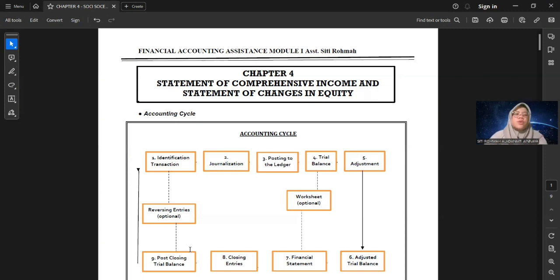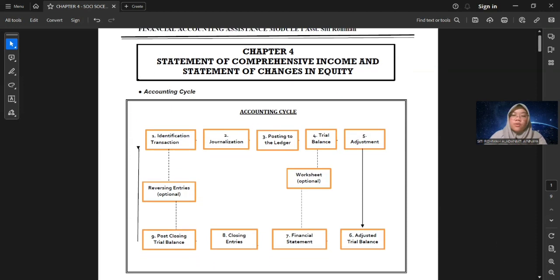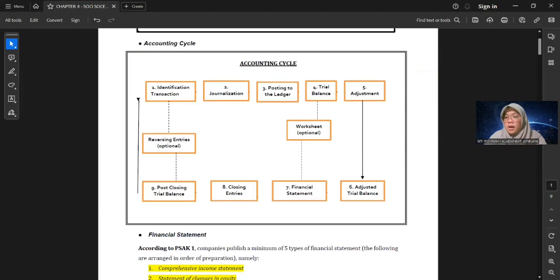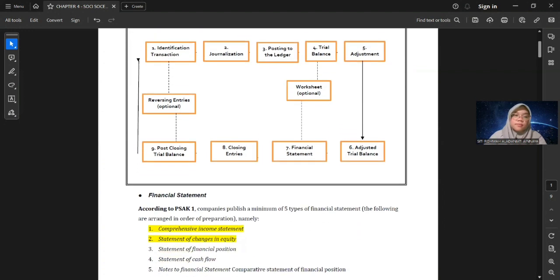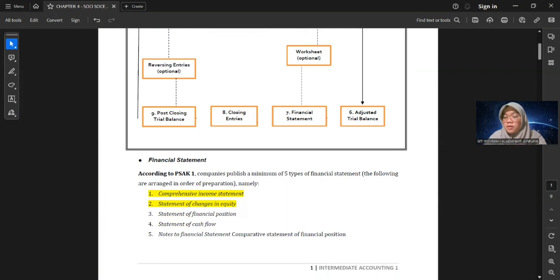Well, here are also reversing entries, which are usually optional for each company. I've told you about the accounting cycle, the 9 steps of the accounting cycle.